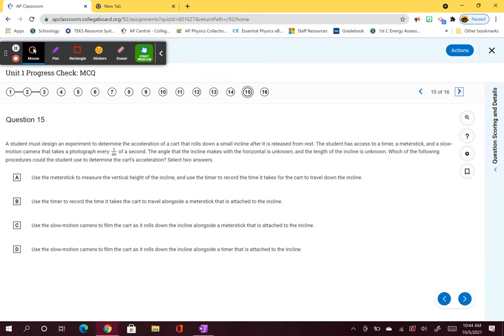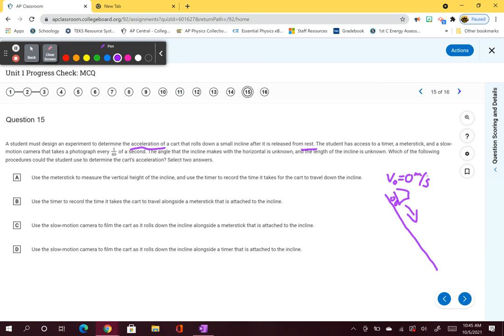We're almost done. Woohoo! A student must design an experiment to determine the acceleration of a cart that rolls down a small incline after it is released from rest. So we're looking for acceleration. We have an incline, we have a cart going down, and it's released from rest.